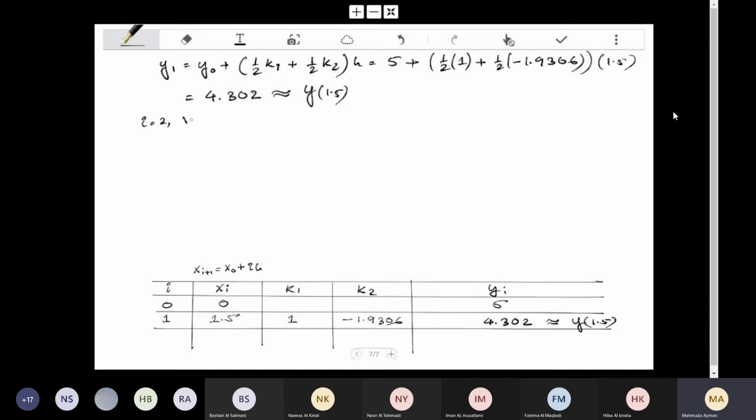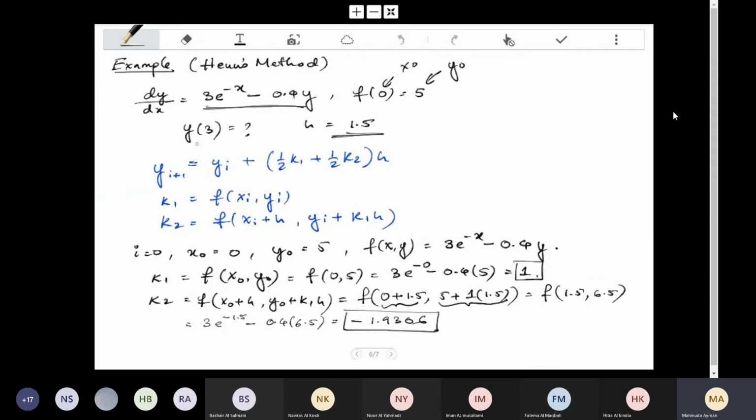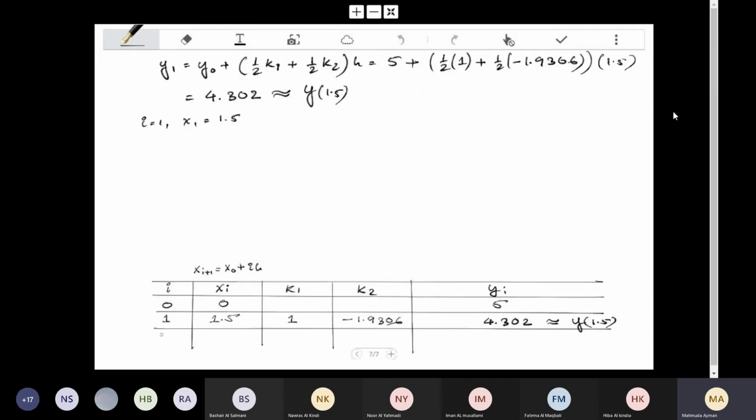Okay, now let's go ahead and calculate when i is equal to, sorry, not 2 but 1, the value of x1 is 1.5. So we are not done yet. We have to find the value of y at x equal to 3. So let me show you how many steps we need.